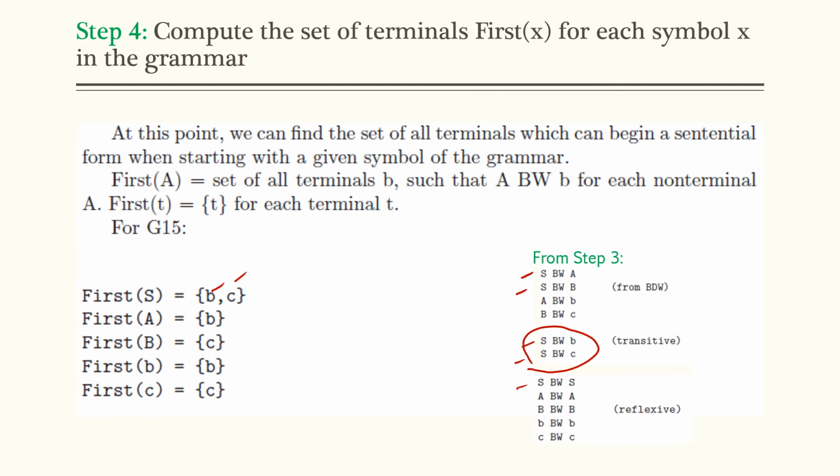Now let's look into A. For A, look into the output from step 3. For A, we have A goes to B and then A goes to A. But we are only interested in A that begins with a terminal, which is A beginning with B. So the result here would be B. Now look into B. For B we have B begins with C, B begins with B, only 2 there.